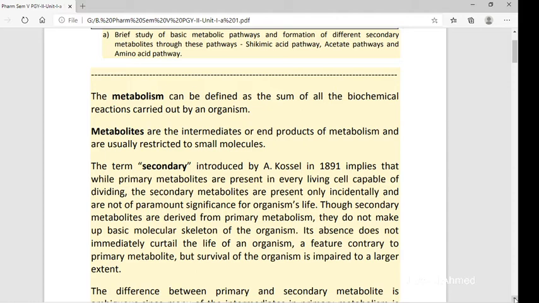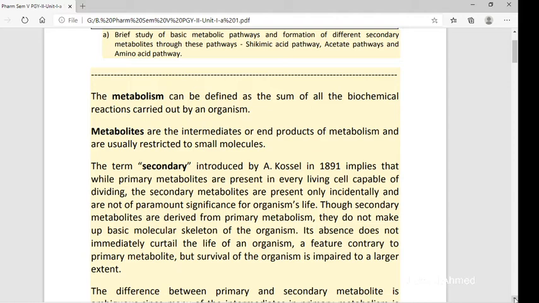They serve as defensive, protective or offensive chemicals against microorganisms, insects and higher herbivorous animals. This is the most important difference about secondary metabolites.